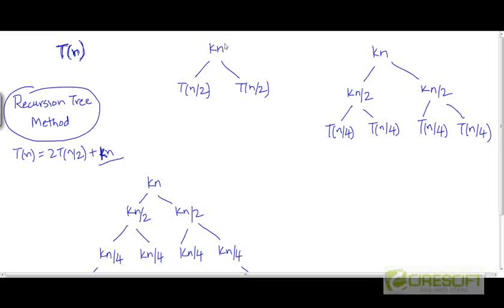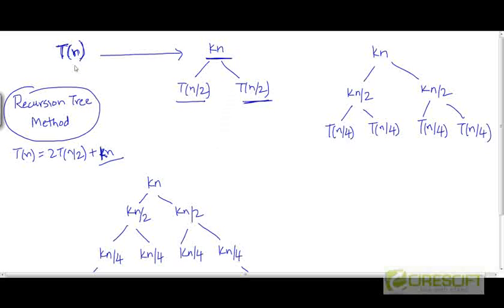So K times n is part of the cost, and that's going to be depicted here. And T of n by 2 is the running time on the smaller subproblems, which are half the size of the original problem. So both these smaller subproblems are denoted as the left and right child of k times n. So T of n is being replaced by the right hand side depicted in this particular way.